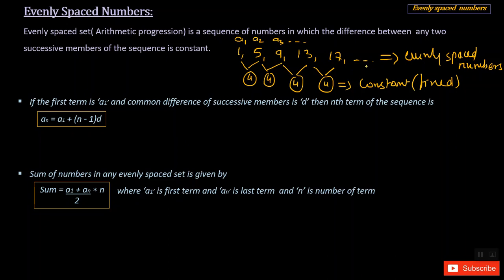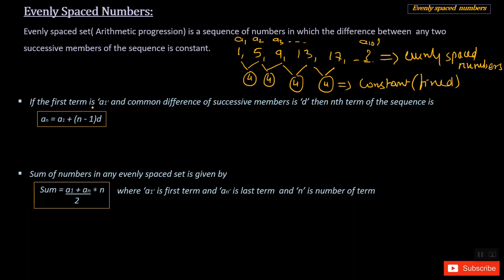If I ask you what is the 10th term, I am talking about the value of a term, right? What is a10? What would be the number here? That is the question. To calculate the nth term in general, where n may be anything, like the 10th, the 20th, or the 100th term, we can use this rule.